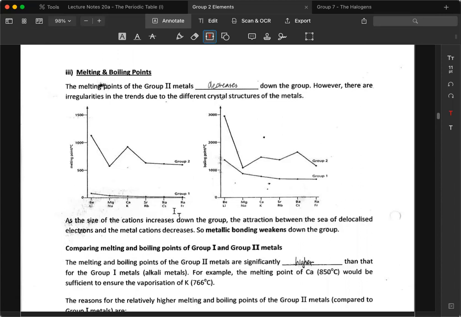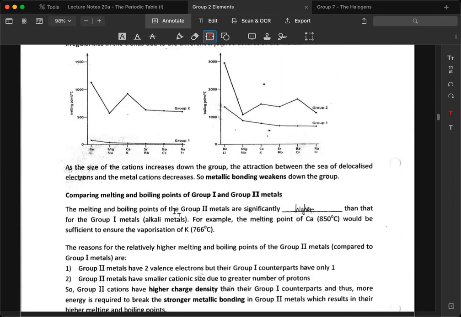So the metallic bonding will weaken down the group. As you increase the size of the cation, the attraction is weakened, because the nucleus is further away from the delocalized electrons.